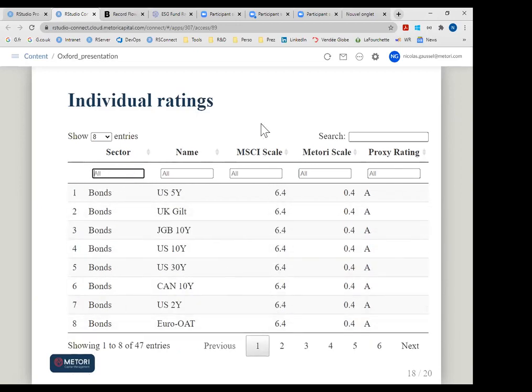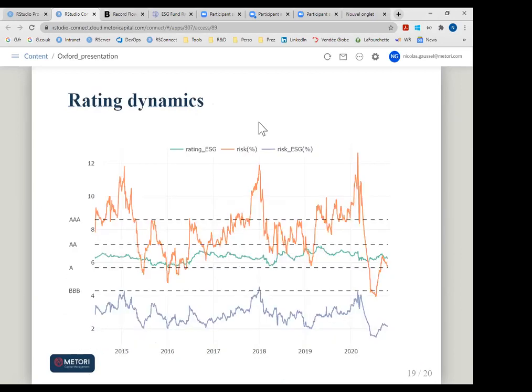And now we can test our methodology. What I display here is, the orange line is the total ex ante volatility of our portfolio. It's a typical short-term volatility that you can see here on the left scale.